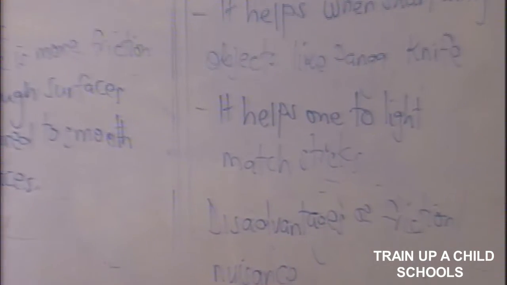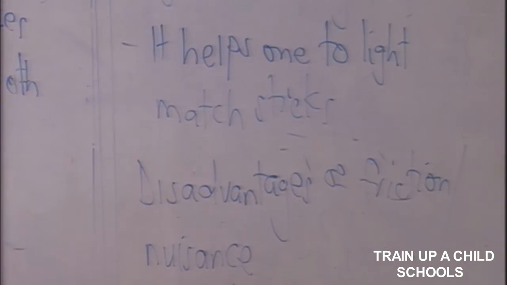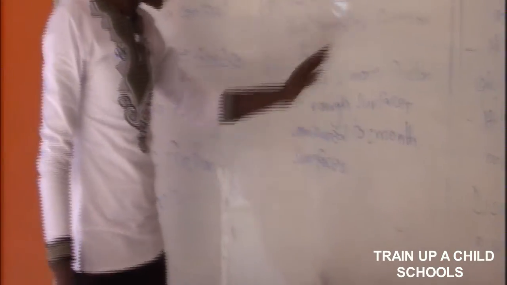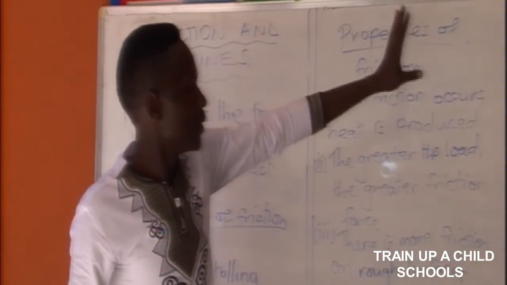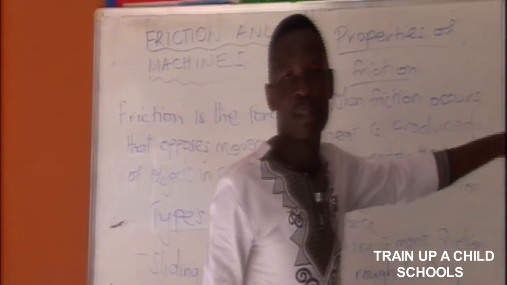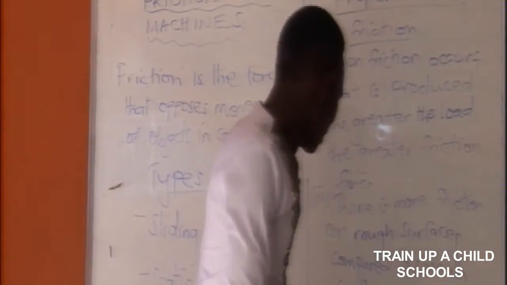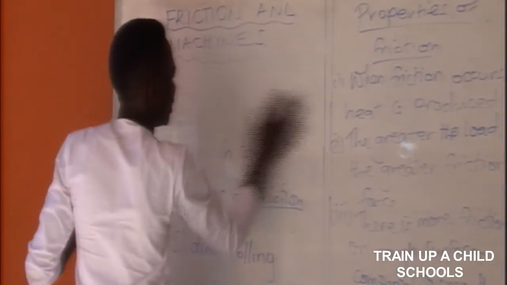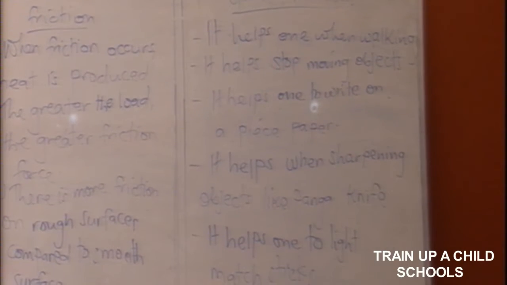Disadvantage of friction, or how friction is a nuisance. Meaning, how does it bother you, or how is it a problem? Much as it has the uses, there are also some disadvantages of friction. So without much ado, I would like to clean up this side and outline for you these points.